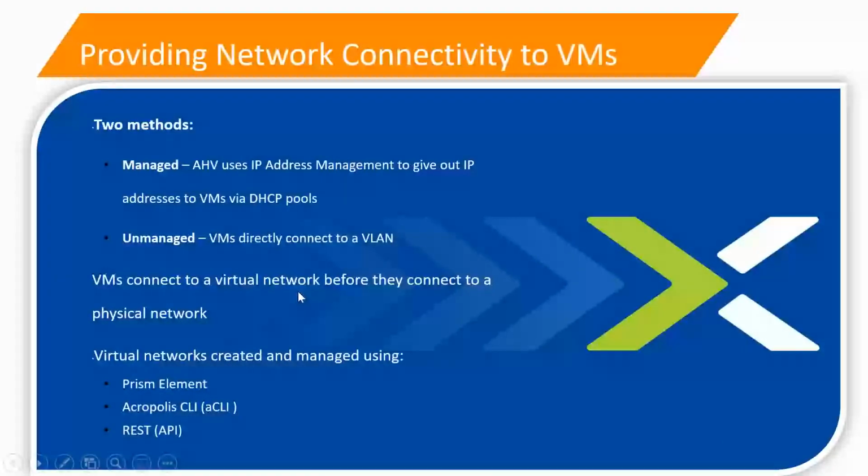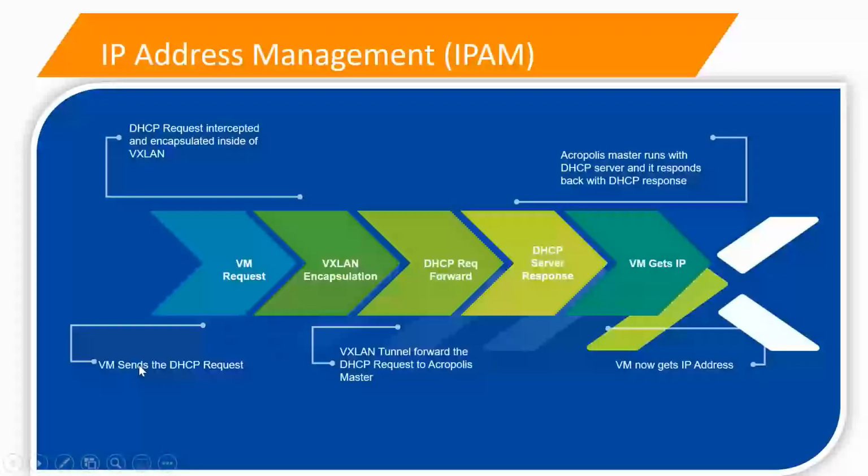So I said managed and unmanaged. In managed, we have IPs managed via a DHCP pool. In unmanaged, we have to assign IPs manually. The VMs directly connect to a VLAN. There is no address allocation. So how does IP management work?